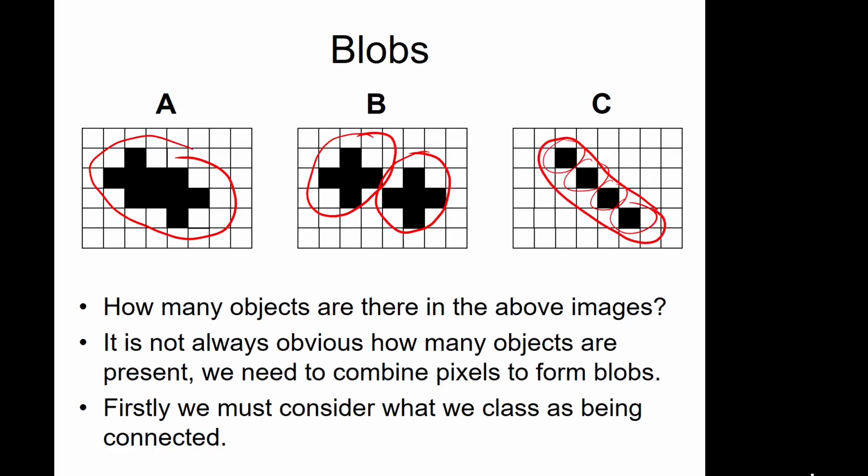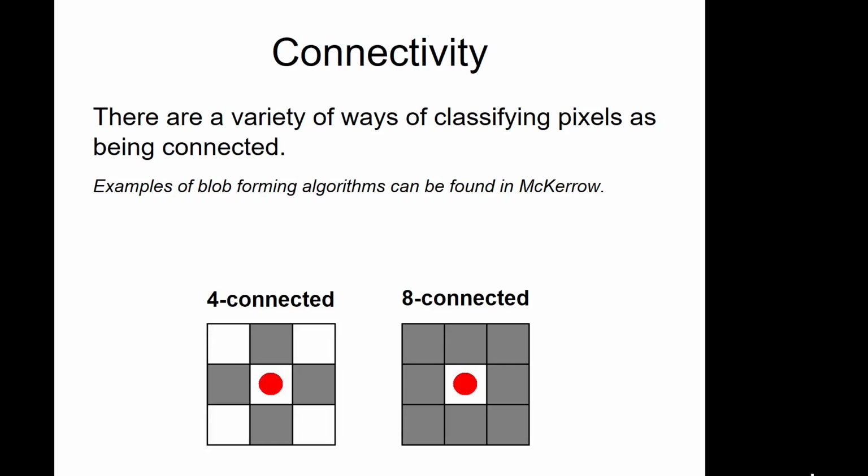Now we can use our perception to try and work it out. In terms of a computer, you have to have some kind of algorithm in order to process this. And this is where connectivity comes in. What we can do is define a rule to say a pixel is connected to another pixel, by considering how we define that connectivity.